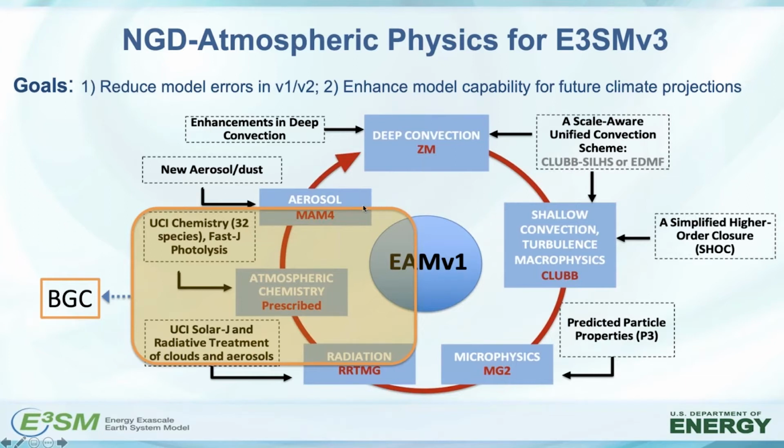Our chemistry and radiation work, highlighted in the orange box, includes integrating UCI chemistry, Fast-J photolysis, and the Solar-J radiation module in E3SM V3. Our work is closely related to BGC and aerosol development. I'm going to talk more about that later.